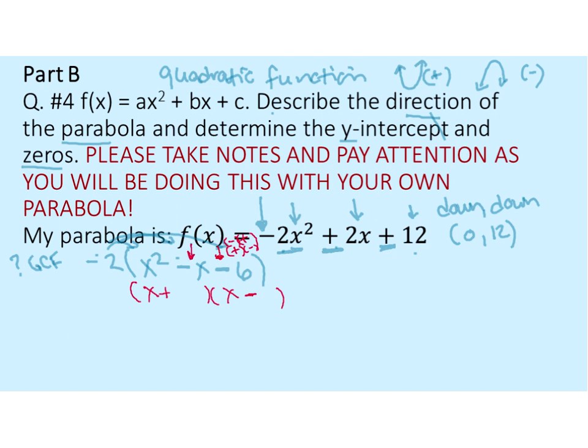Now I look to my inside term, and I see that this is a negative, so the negative is going to trump this. I need 2 factors that either add or subtract up to a negative 1.